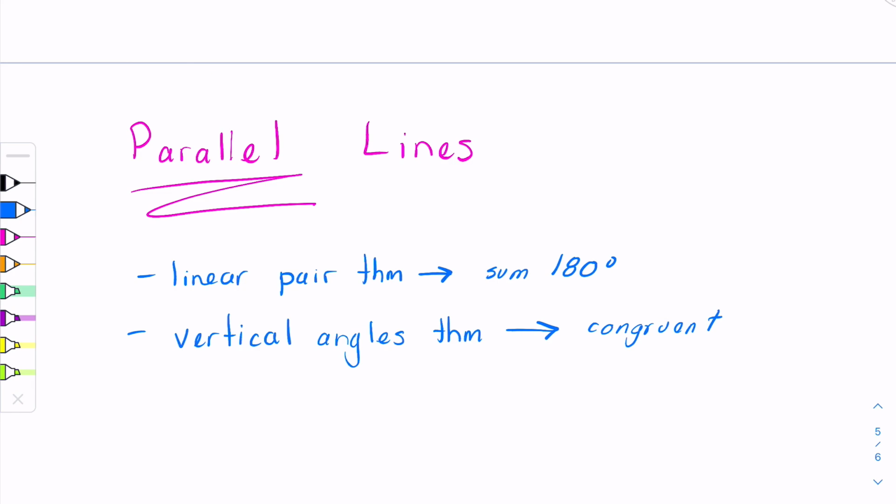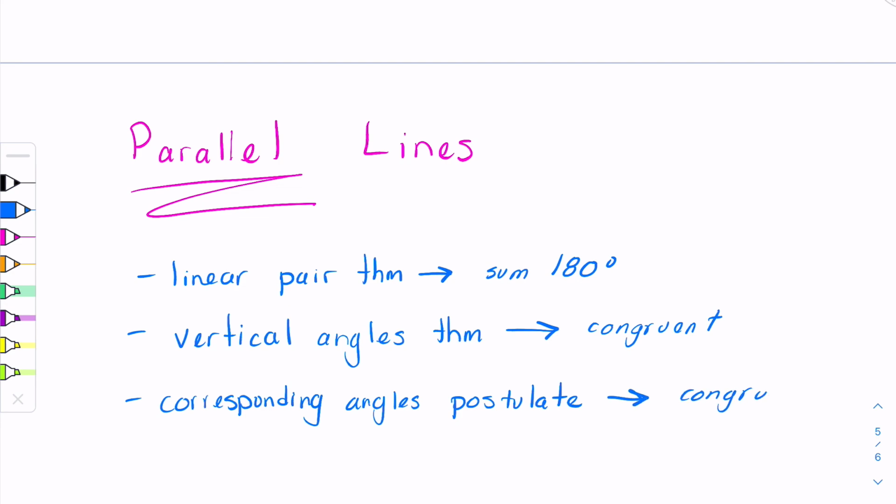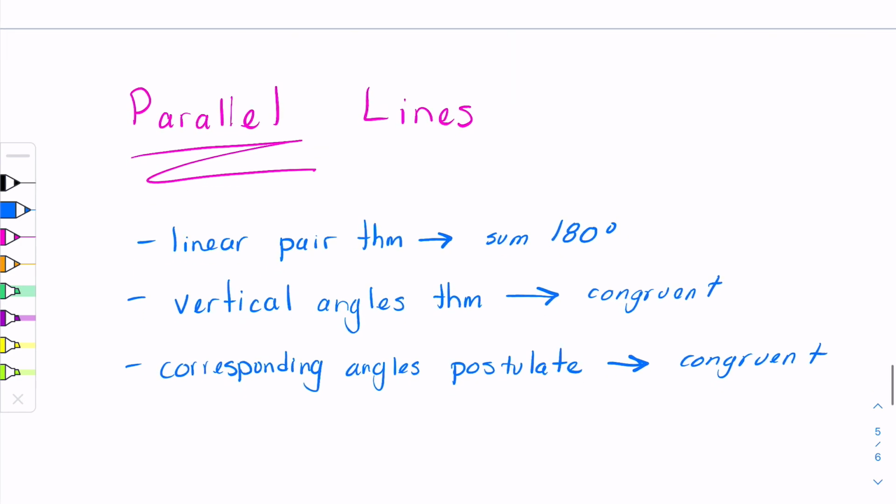We have the corresponding angles postulate. The corresponding angles postulate says that corresponding angles are congruent. We have the alternate interior angles theorem. This theorem says that alternate interior angles are congruent.